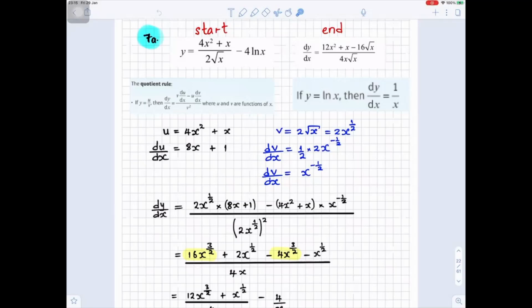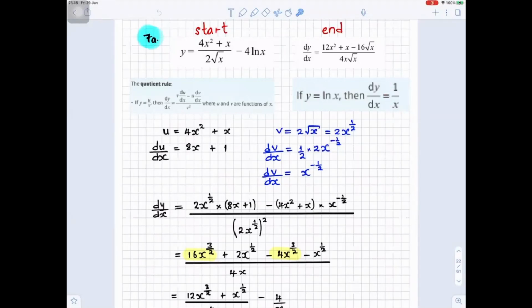We look at what we want to differentiate. I'm going to use the quotient rule to differentiate it. So that's the formula for the quotient rule. And another thing which you need to remember, when you differentiate y equals ln x, you get 1 over x.